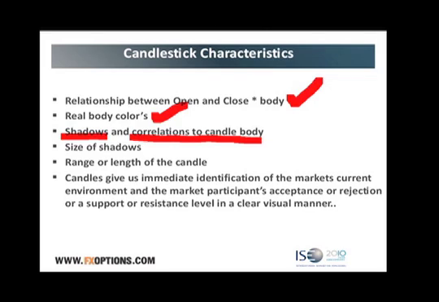What are the size of the shadows? What's the range or the length of the candle? All of this gives us immediate identification of the market's current environment and the market participants' what we call acceptance or rejection at or near a support or resistance level, and it helps us in a clear visual manner. And that's what can help us to really pinpoint turn or reversal signals in the marketplace.